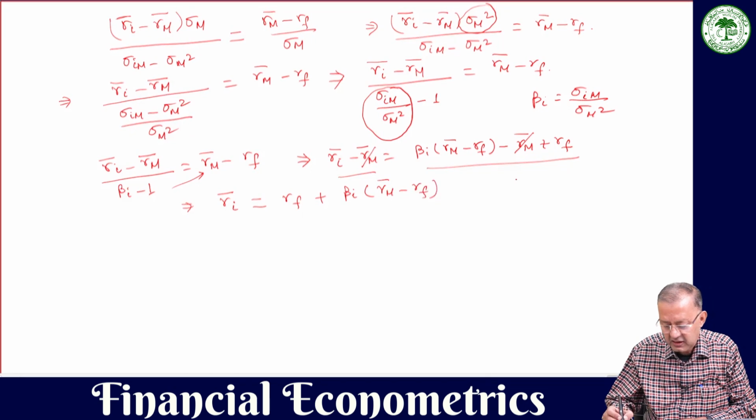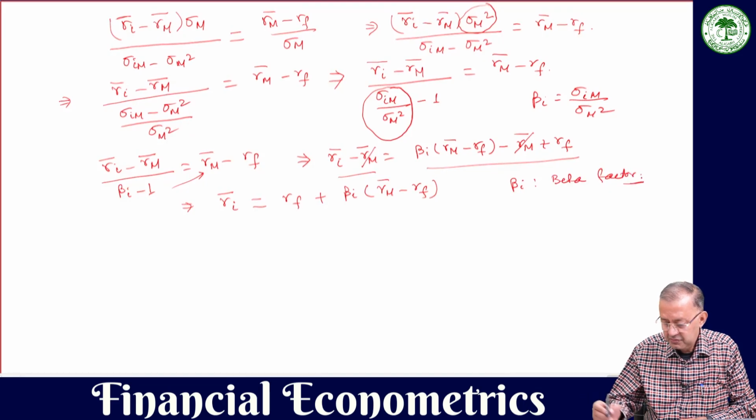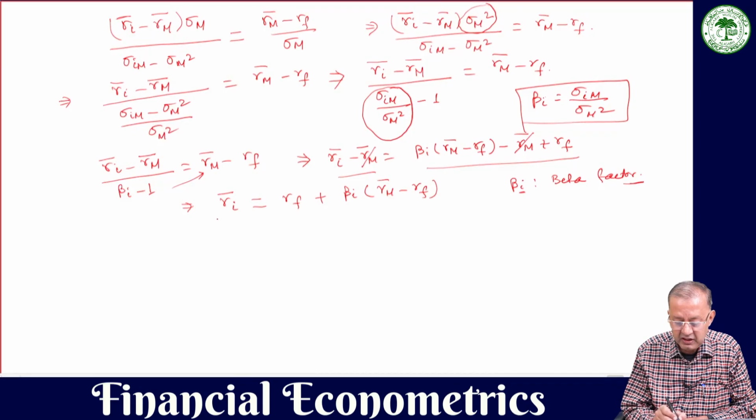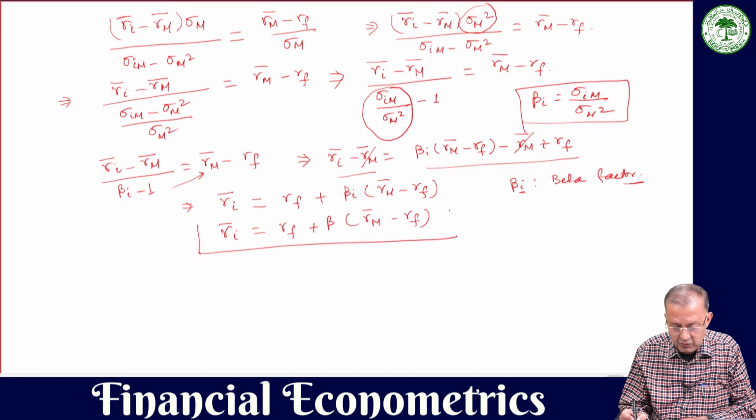This term beta I is known as beta factor, and this is very important. We denote this in the equation without the I subscript. So this equation can again be rewritten as Ri bar is equal to Rf plus beta into Rm bar minus Rf.